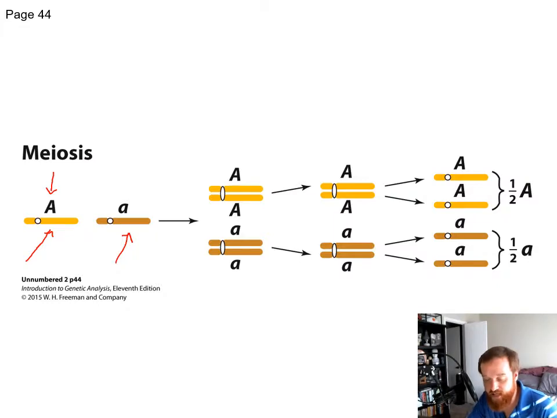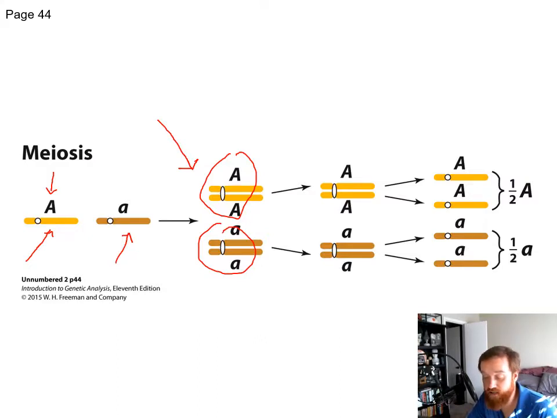But in this case, we have a dominant copy on the yellow chromosome and a recessive copy on the brown chromosome. And then during meiosis, we have replication of each of these two parental chromosomes. So now we have 4N, right, where we have 2 copies of big A and then 2 copies of little a, each on their own respective chromosome.